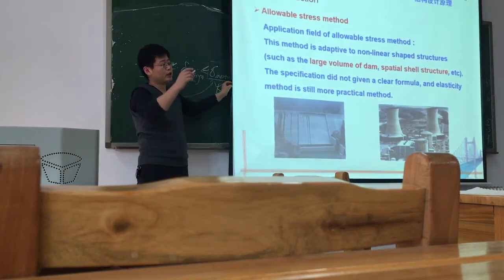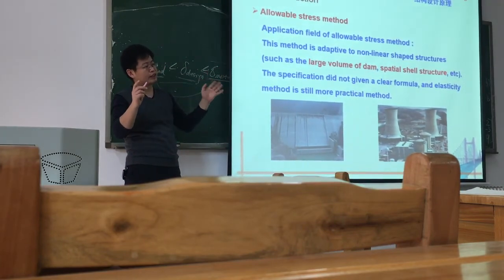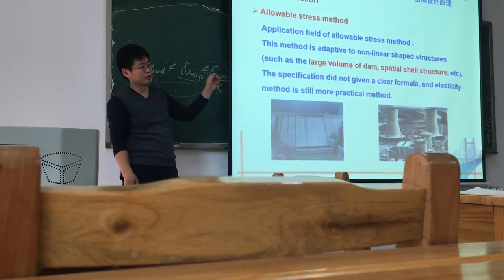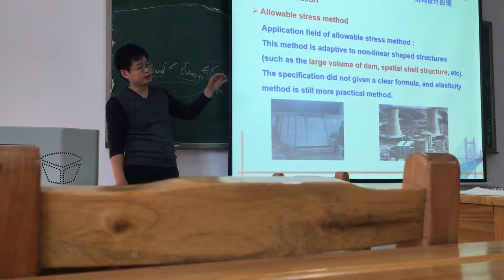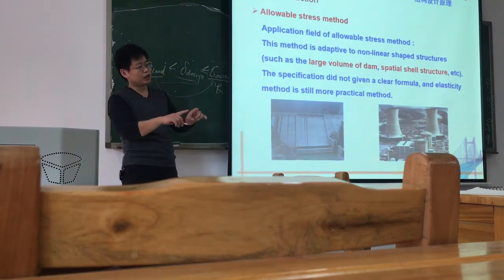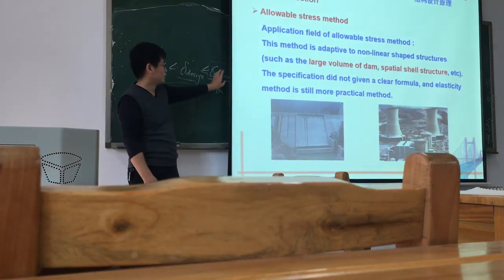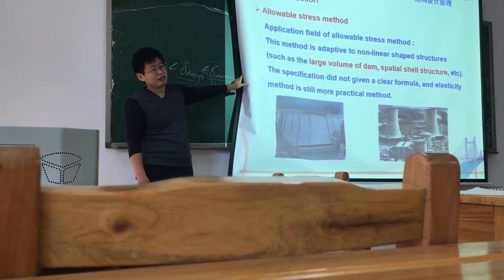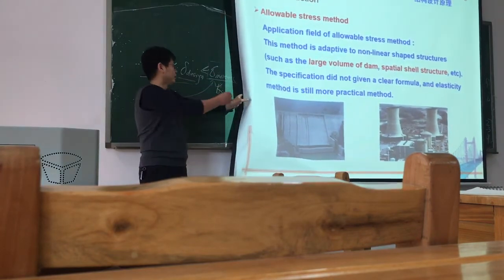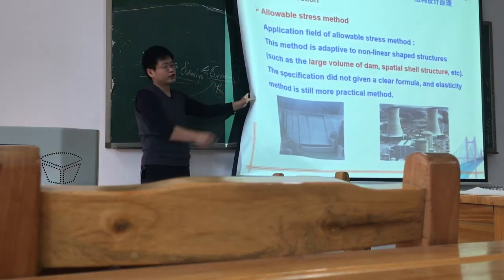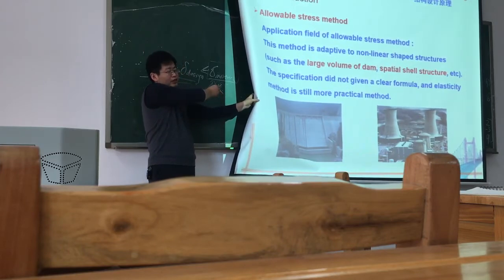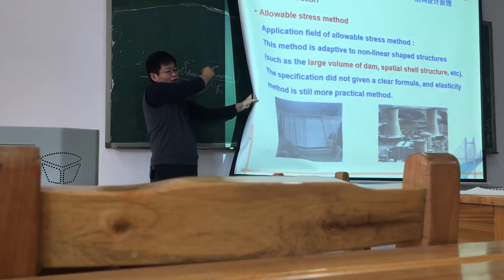If you select one material, maybe C50 concrete or HRB 335 reinforcement, once you have determined what type of material you use, this value is fixed. So for the factor of safety, the larger this value, the more material you need.